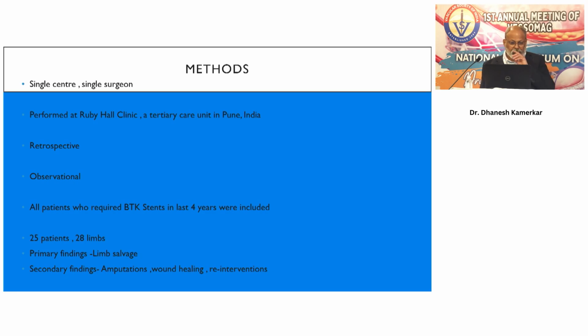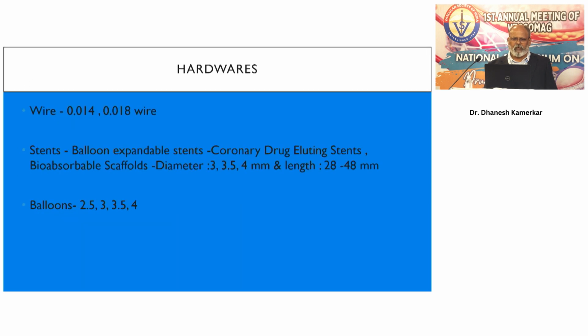So this is my experience at one center, a retrospective, observational study. All patients who required BTK stents in the last 4 years were included. There were 25 patients, 28 limbs. Primary findings were limb salvage, and secondary findings were amputations, wound healing, and reinterventions.